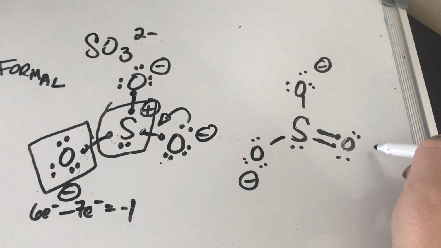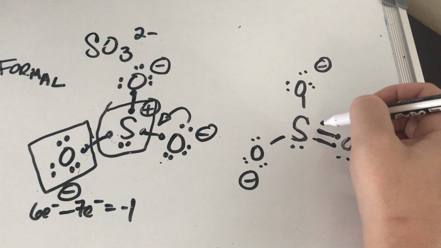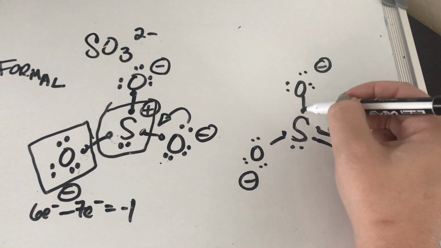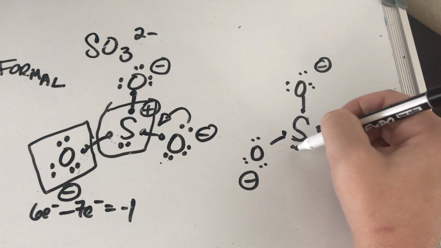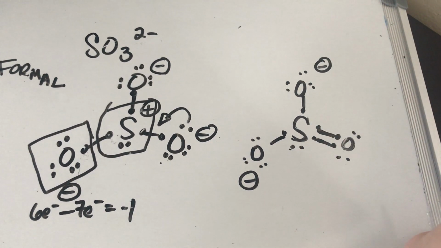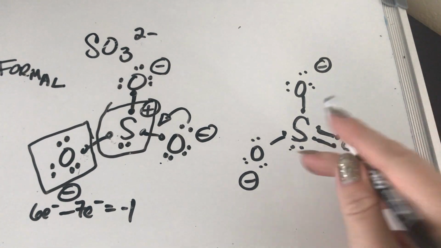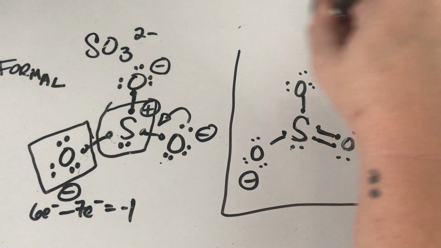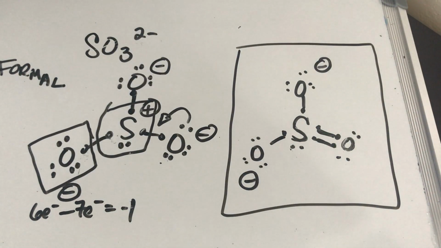No charge. And we have 1, 2, 3, 4, 5, 6 around sulfur, right? So no charge there. That's your final structure.